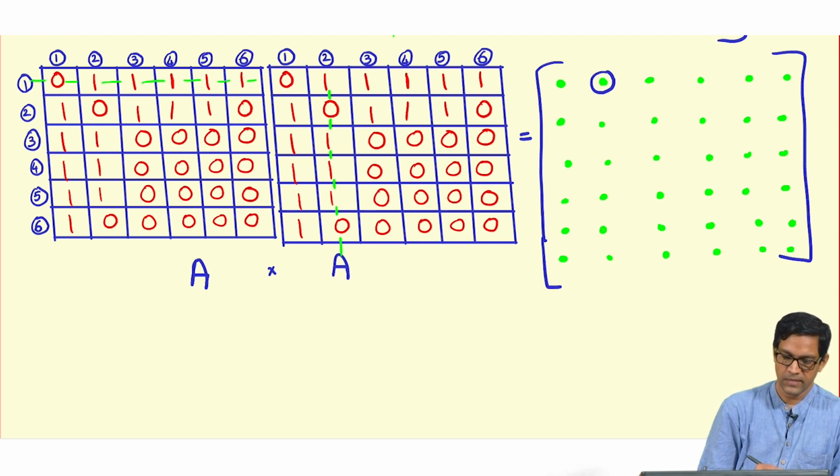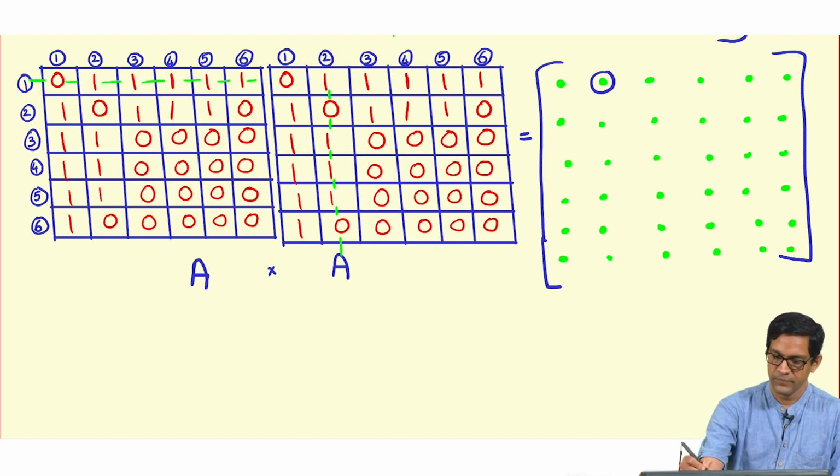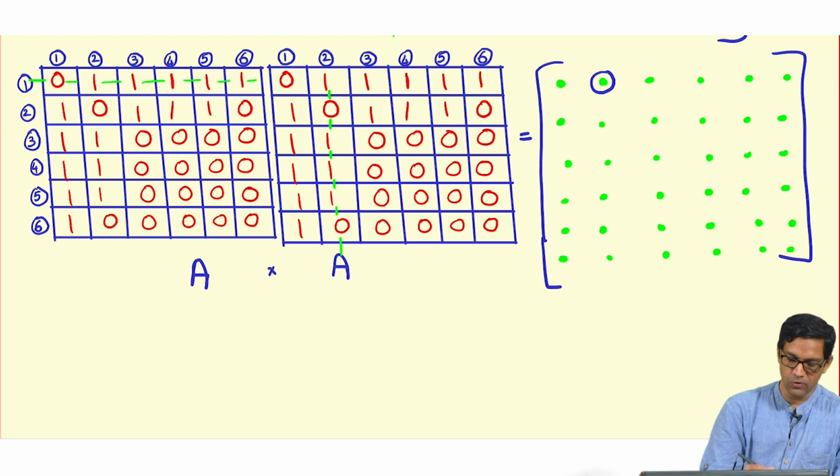Observe that when I scan through the first row of my table, I first get a 0, because it tells me that 1 is not connected to 1. So, I have a 0 there, and I have a 1 here.